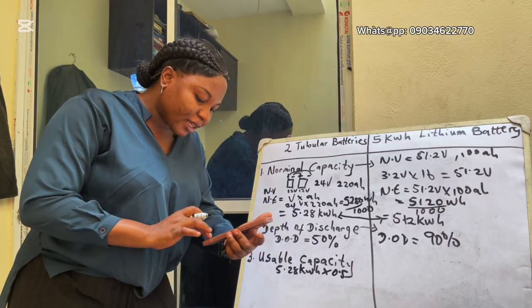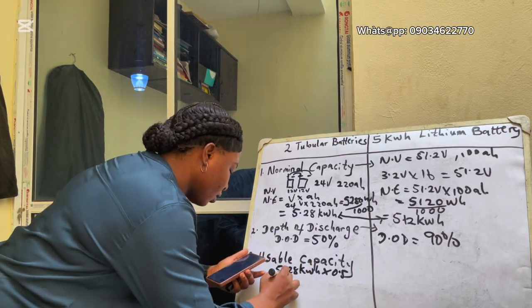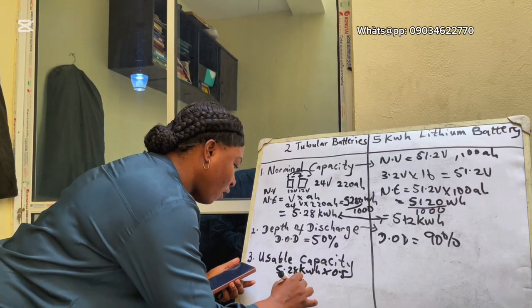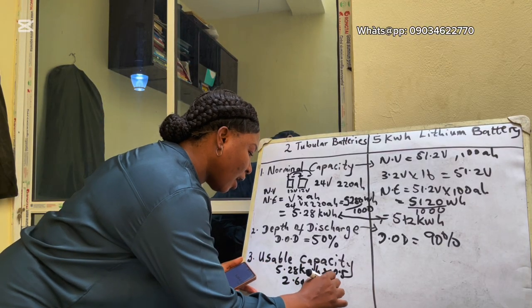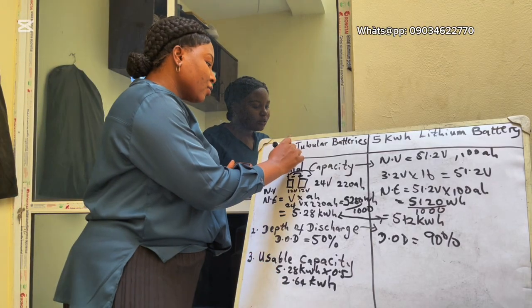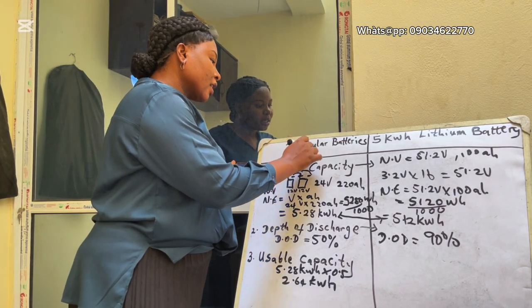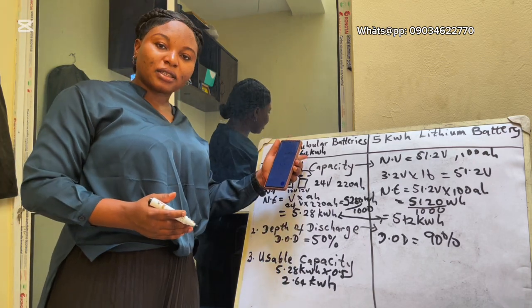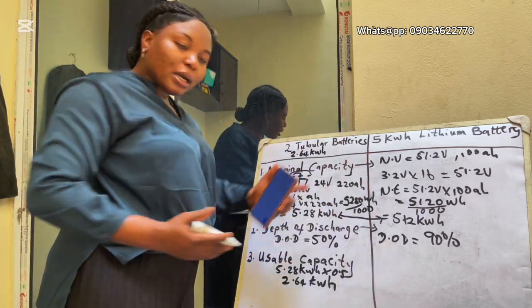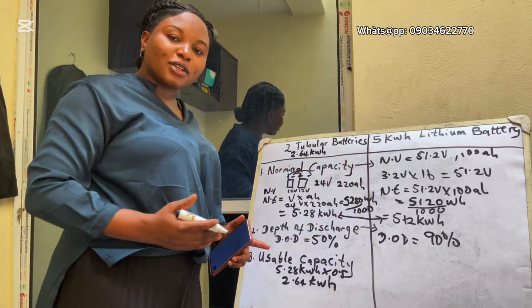What do we have there? We're having 2.64 kilowatt hour. So here we are getting 2.64 kilowatt hour for these two tubular batteries. This is the usable capacity. Now let's look at the usable capacity of the 5 kilowatt lithium hour battery.